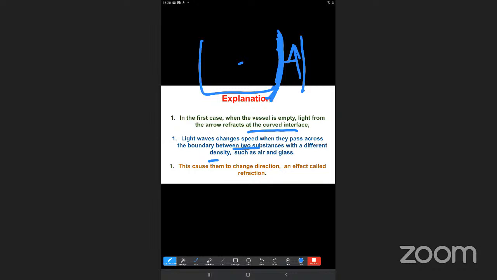Then it again undergoes refraction on the other curved surface of the vessel and comes out into air. In this way, light travels in two mediums.